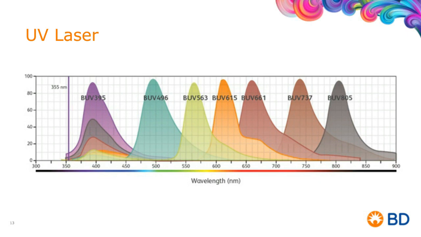That's considered the first color with the smaller wavelength. As we transition through BUV 496, 563, 615, BUV 661, BUV 737, we come to the last one we've used up to this point, which is BUV 805. So it is that specific color that we see as the last color on that laser line.